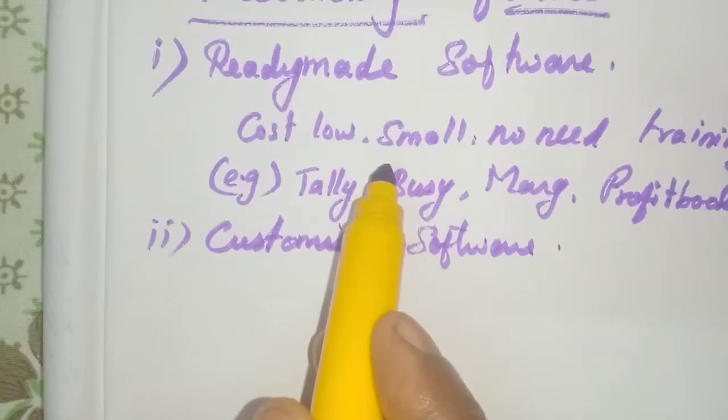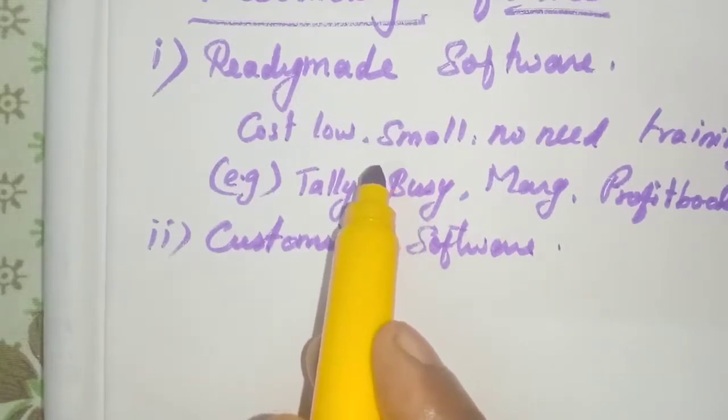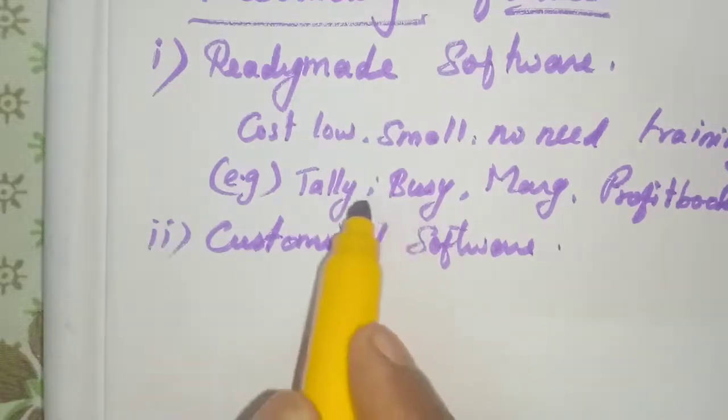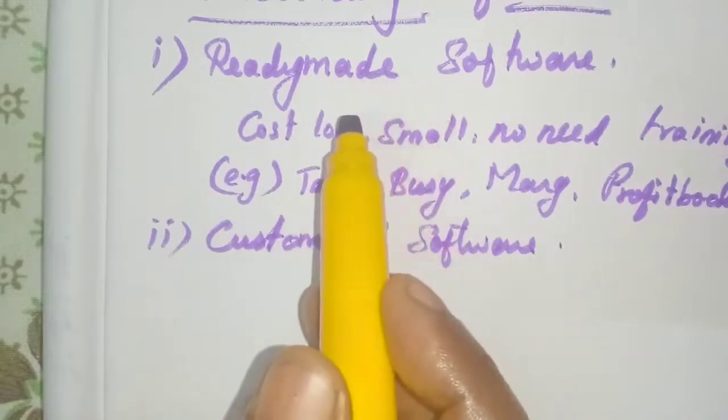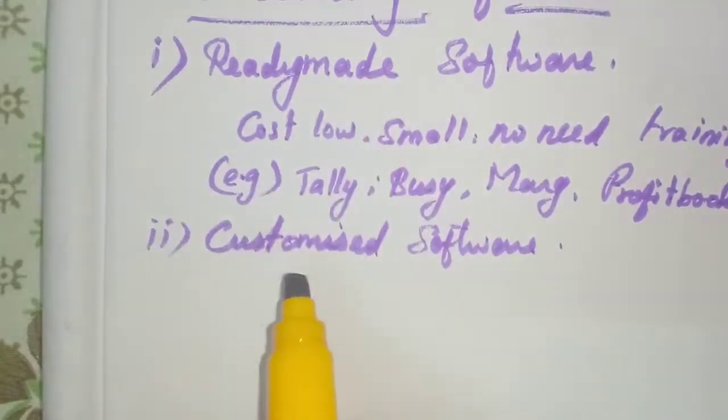That means, for example, if the business is a little big and the transactions are a little large, then they may not be able to install the ready-made software. Those business organizations will use this customized software.